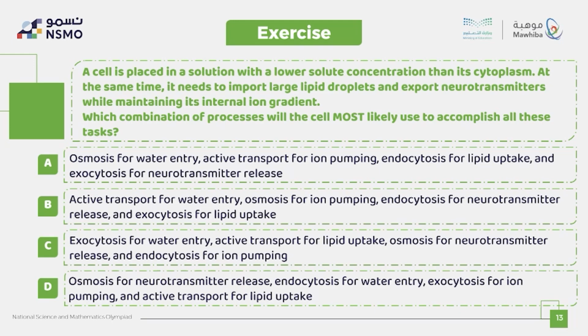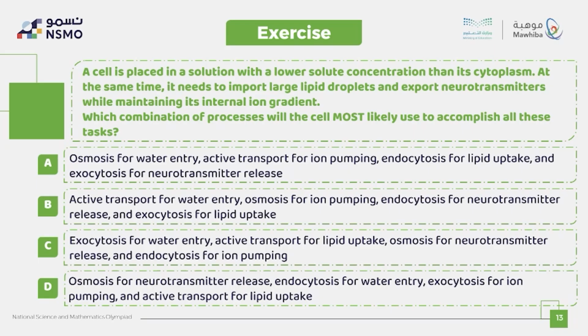C. Exocytosis for water entry, active transport for lipid uptake, osmosis for neurotransmitter release, and endocytosis for ion pumping. Or D. Osmosis for neurotransmitter release, endocytosis for water entry, exocytosis for ion pumping, and active transport for lipid uptake. Think about it, guys. What do you think?